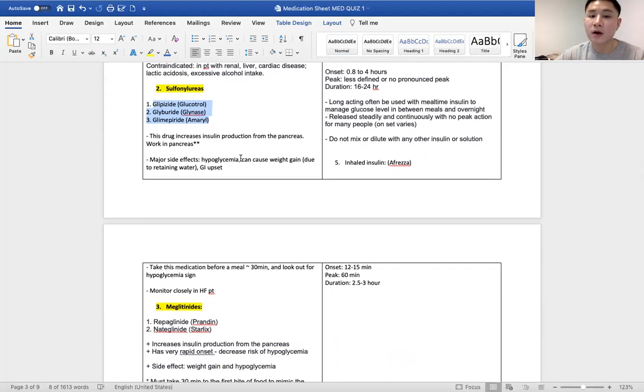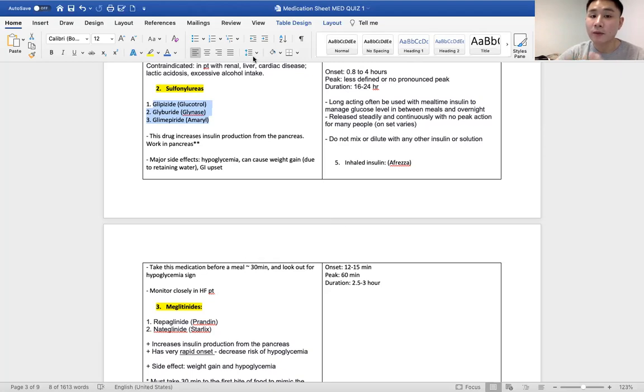So why does it cause weight gain? Because it's due to retaining water, and it also increases insulin production. Before, when the patient doesn't have insulin, they cannot utilize the glucose that they ingest, so that's why they lose weight.